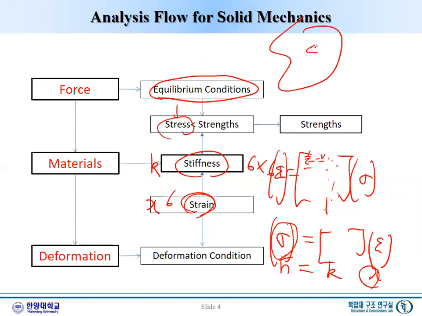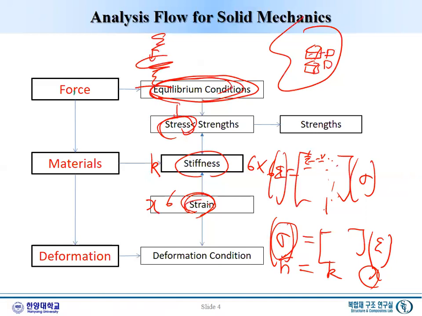Remember this guy, and adjacent, there is another guy, another guy. All of them have to satisfy force equilibrium. So all the stress is controlled by equilibrium, which is like a spring and spring and spring, all force equilibrium, right? So all the stresses have to be controlled by equilibrium.